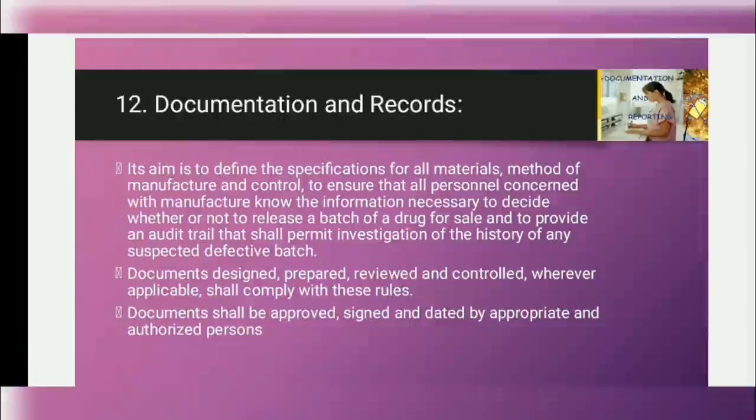So the documentation also gives information about the previous defective batch, so that any new person cannot accidentally release the batch for sale. That's why the documentation part is very important.